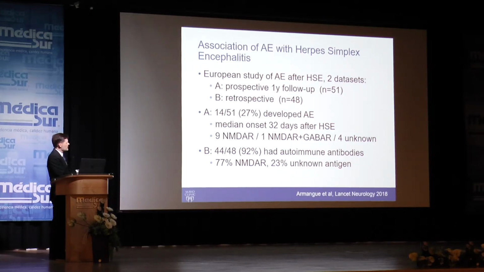And most of these had NMDA receptor antibodies. One also had GABA receptor, and 4 were unknown. And in the retrospective cohort, 48 patients, 92% of these patients that had had herpes simplex encephalitis developed antibodies in serum or mostly CSF, and most of those were NMDA receptor antibodies.